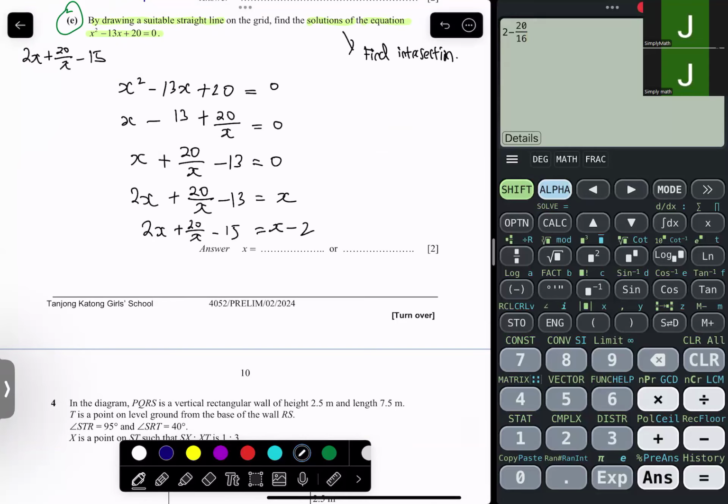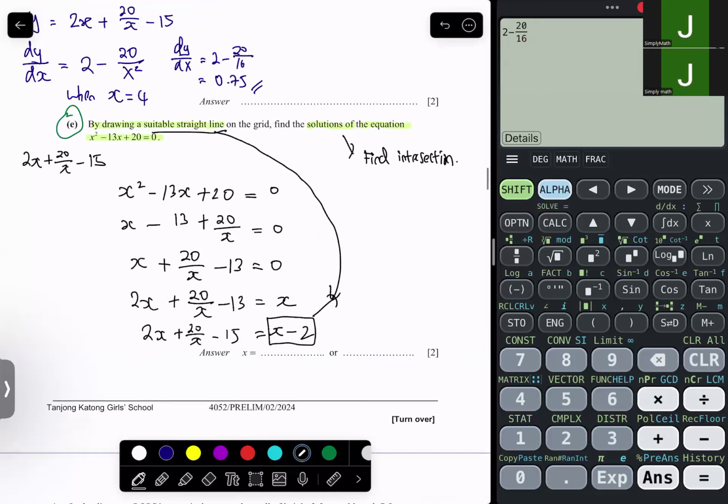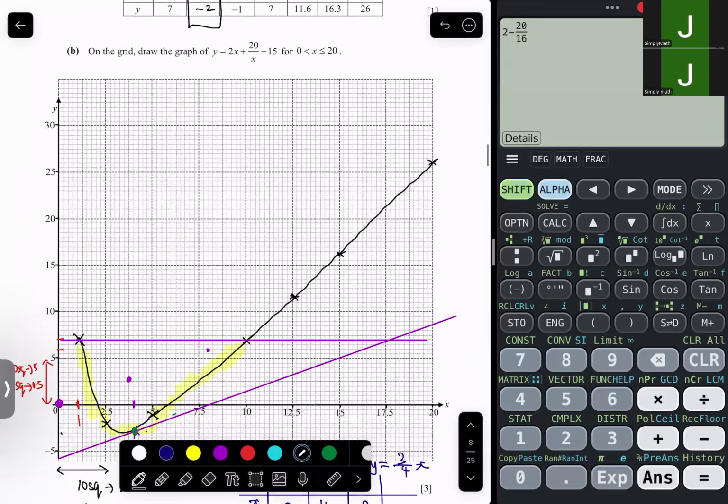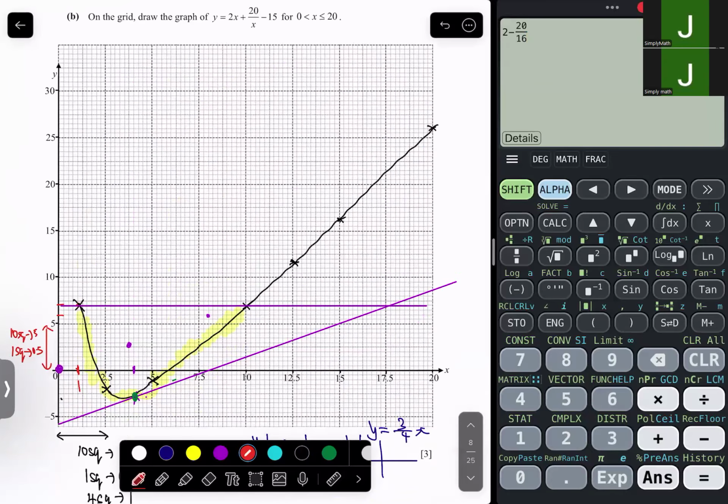So that means I need my graph to be equal to x minus 2, and their intersection will solve the quadratic above. So this x minus 2 is the suitable straight line that I have to draw. So draw the line y equals x minus 2. In order to draw a graph, you need points.